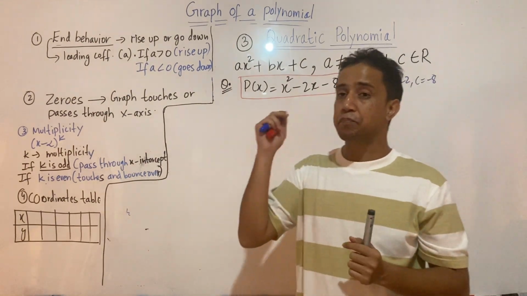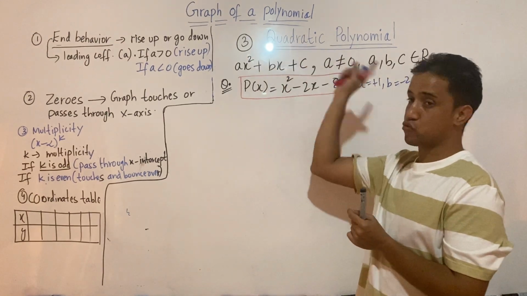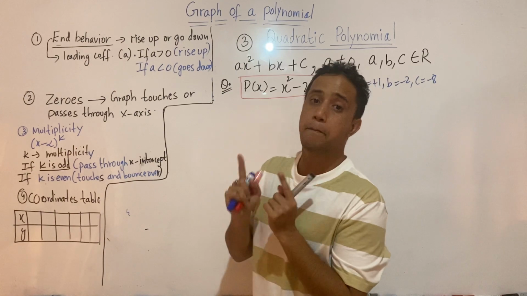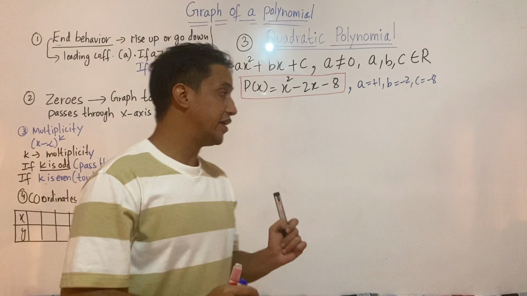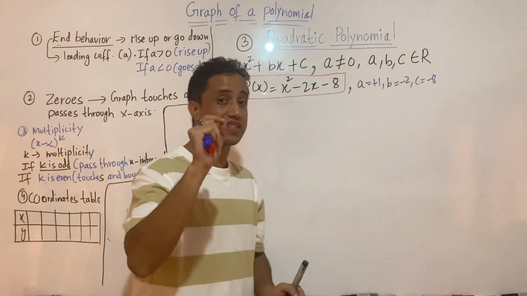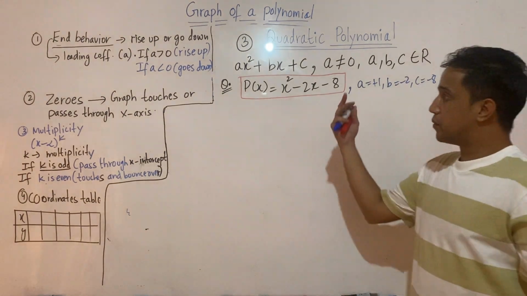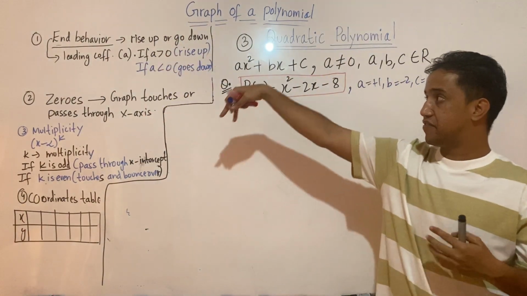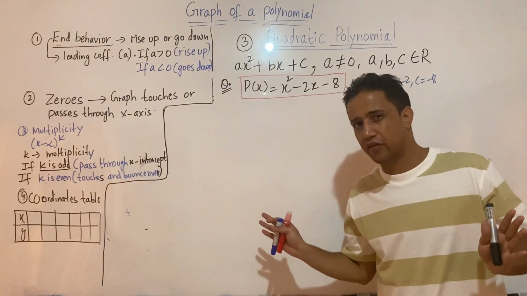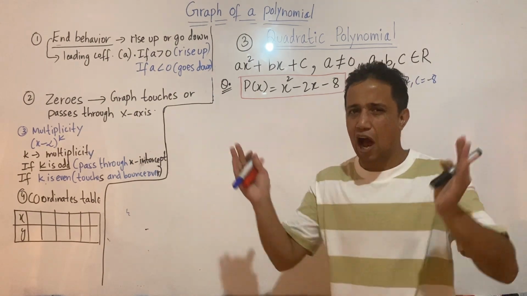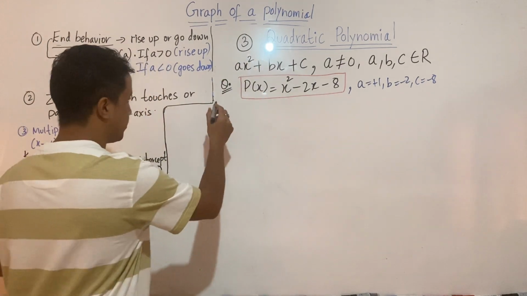But just keep in mind, whenever you sketch a quadratic polynomial, you will always get a parabola. So you can check your end behavior by looking at the sign of a, okay? But that's not my way, because I just want to know how these things are happening, okay?